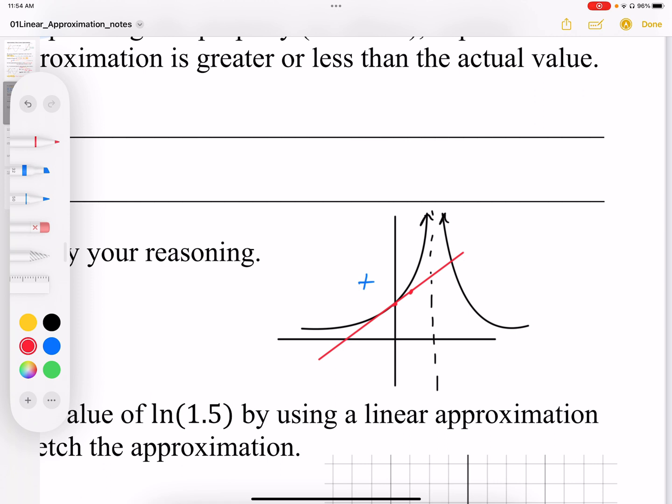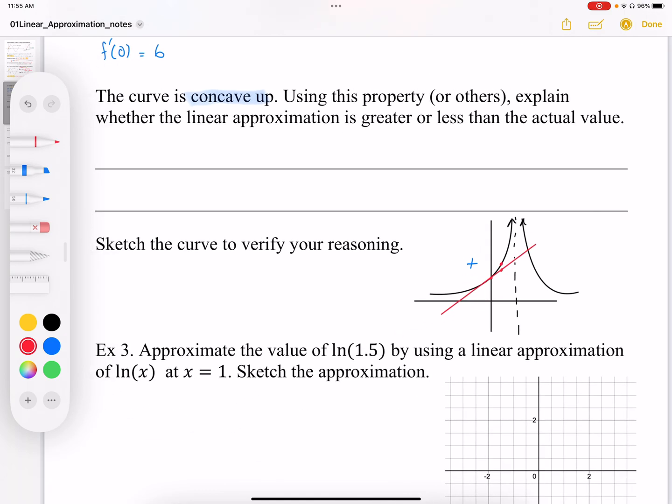I'm just kind of exaggerating this, but the linear approximation is below the actual curve on the black line. So we're going to make our conclusion here based on the concavity. This is concave up, so our linear approximation is going to be an underestimate.